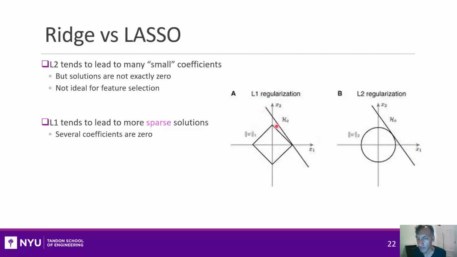But in the L1 case, you only hit it here, where one of them is non-zero and the other is exactly zero. Now, this is just a two-dimensional example, but it turns out in general that the L1 solution tends to get coefficients that are exactly zero.